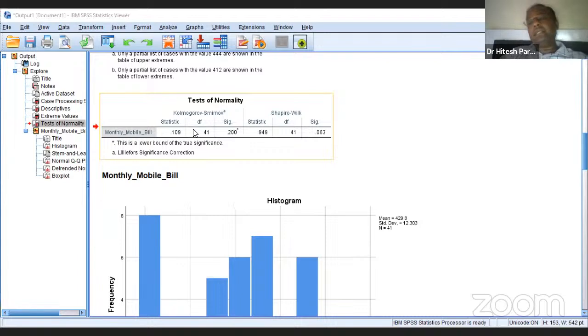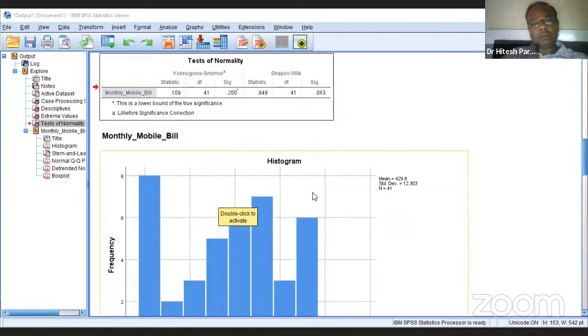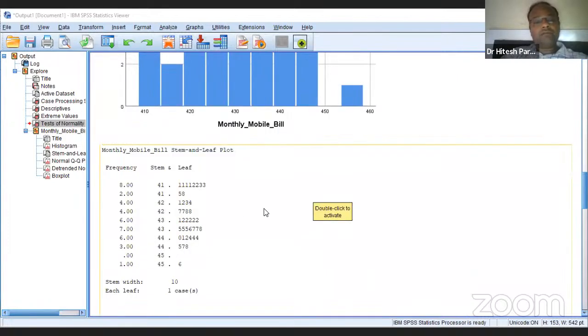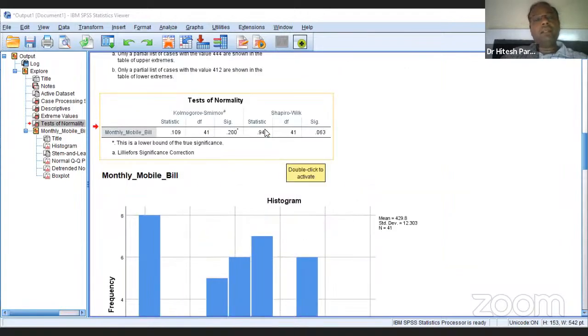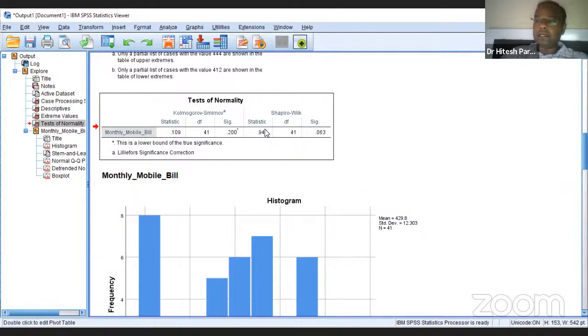So this is the test of normality, right? Histogram and stem-and-leaf and other charts are okay, fine. These are the symptoms, descriptive. But confirmation will be done through the test of normality. And if a clear-cut conclusion is not emerging from the test of normality, then you will see the additional statistics.